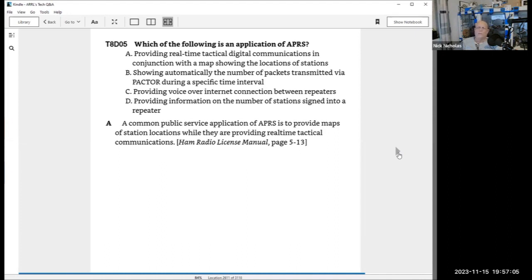They don't have a flat screen. Some radios, you will just get the location and or the distance from you and the next station transmitting, that sort of thing. But they will give you relative location data. So A is the correct answer.